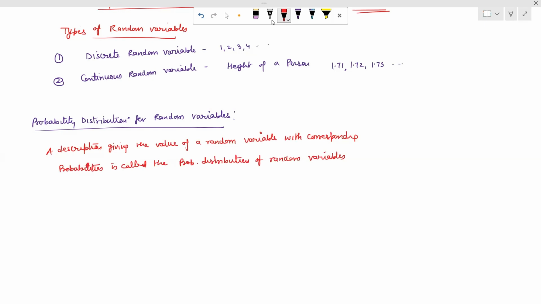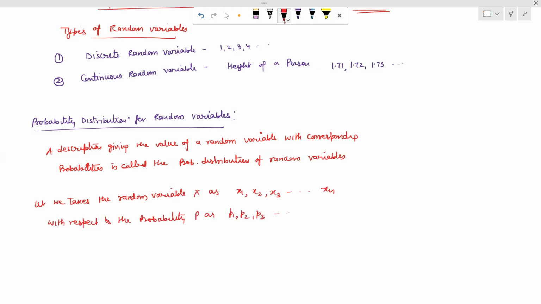So now we explain this. Let the random variable be denoted as capital X. So random variable X takes values X1, X2, X3, and so on, Xn, with respect to the probabilities, which we denote as P1, P2, P3, and Pn.